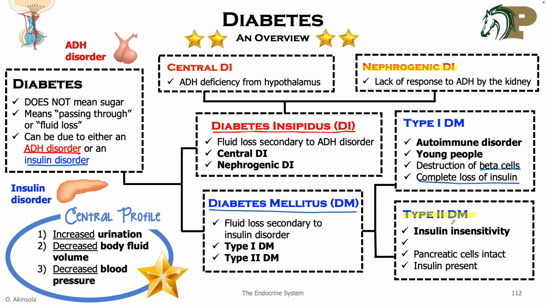Here in type 2 diabetes, cells all over the body are not listening to insulin. Okay? So the insulin is present here in type 2 diabetes, but the cells of the body have become insensitive to it.